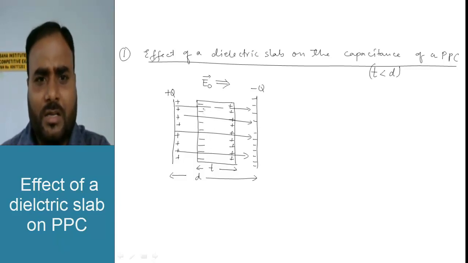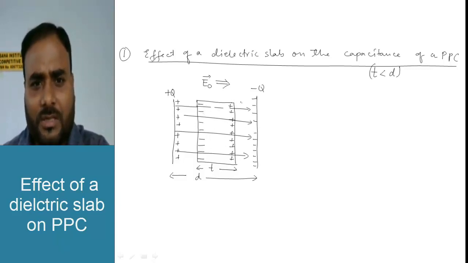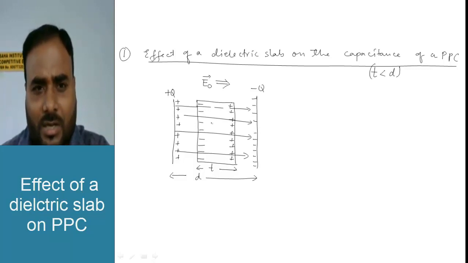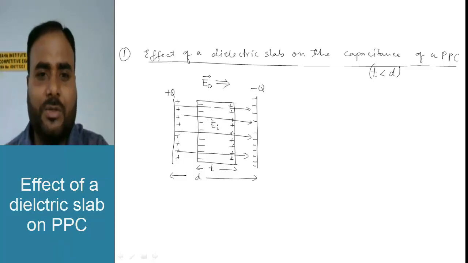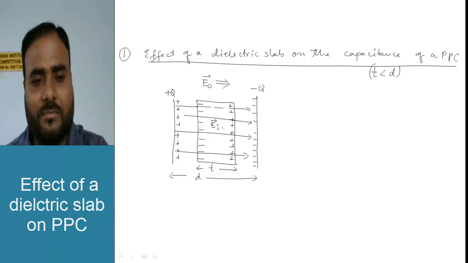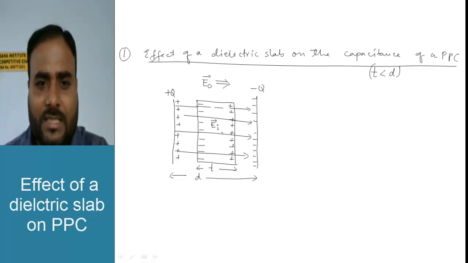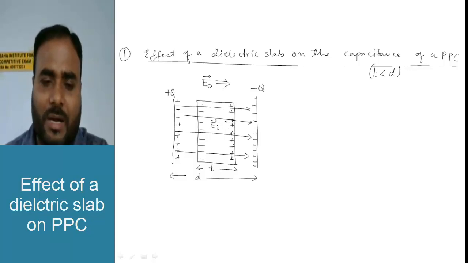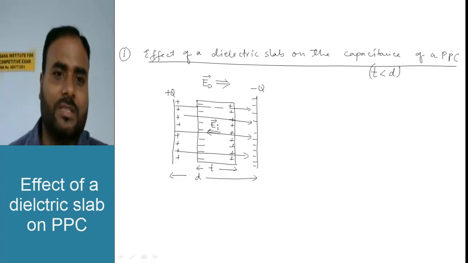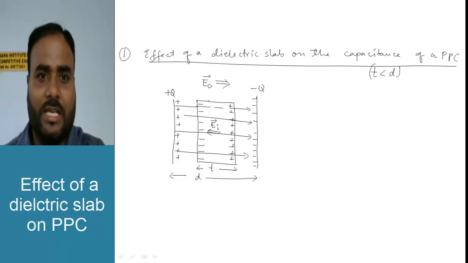Now due to this positive and negative charge, an electric field is set up. I'll call it the induced electric field, or you can say the internal electric field within the slab, and it is set up, again, from high potential to low potential, so this induced field is set up from right towards the left, which is opposite to E naught.